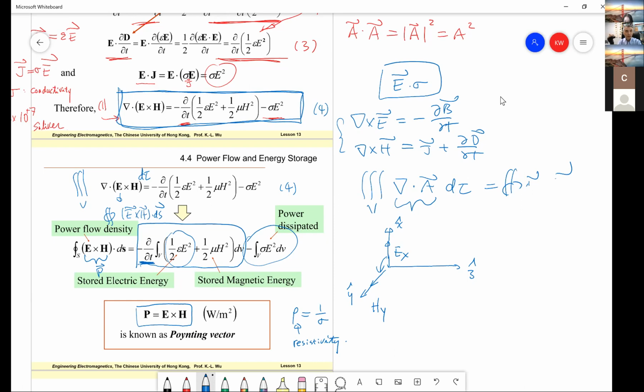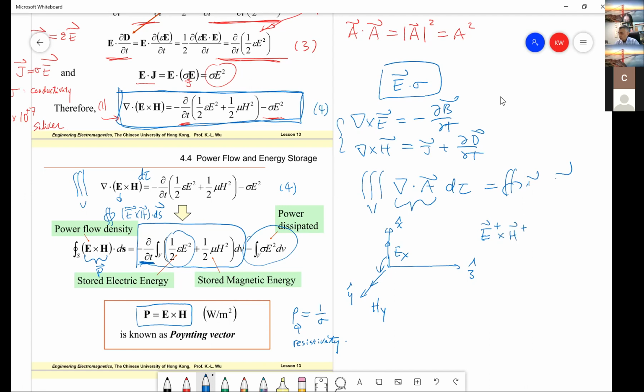The direction of P stands for power flow, energy flow. Do you remember we also said that if I put a plus sign, that means the wave propagates in that positive direction.